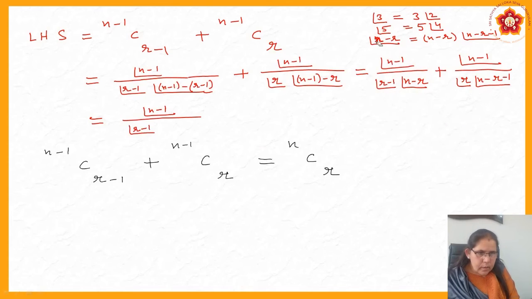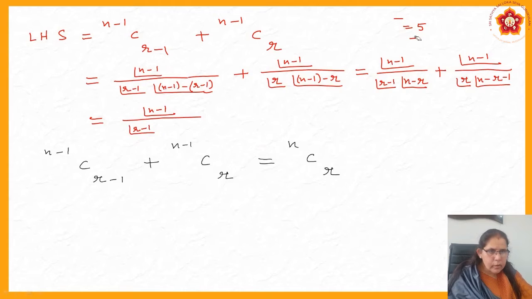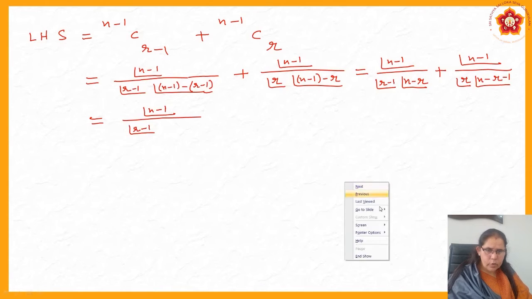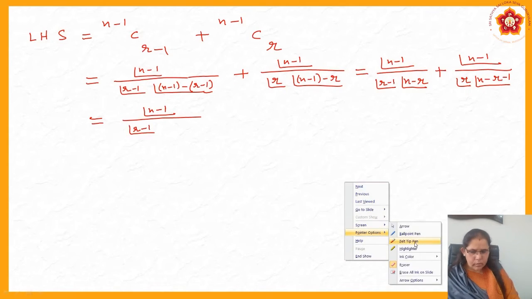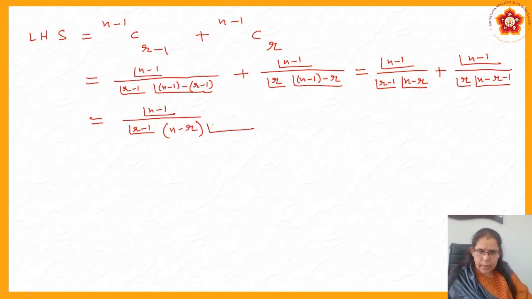Let me first erase what is not required. And then we are going to write factorial n minus r. So n minus r into factorial n minus r minus 1 can come here.